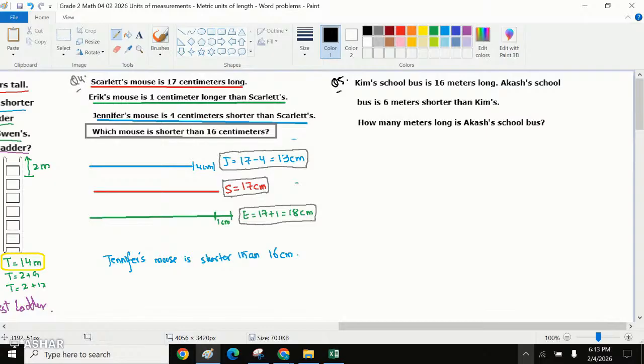It says Kim's school bus is 16 meters long. Let's use the clip art that we used earlier.